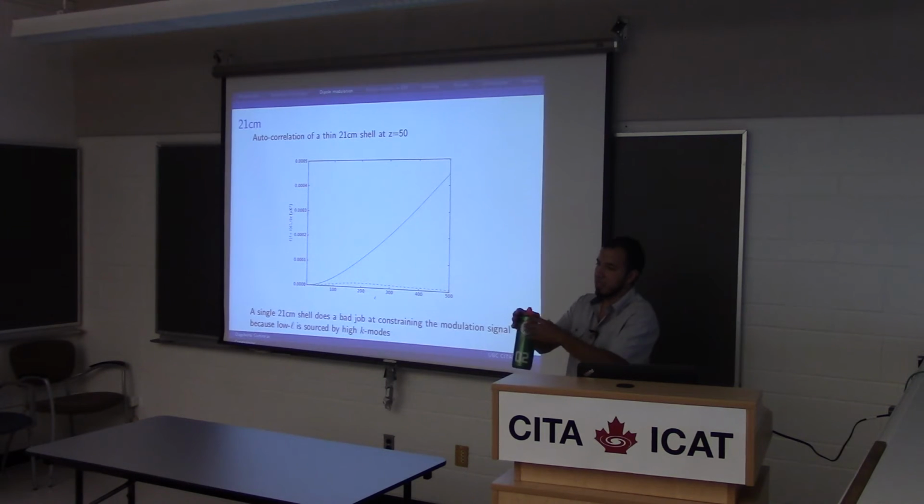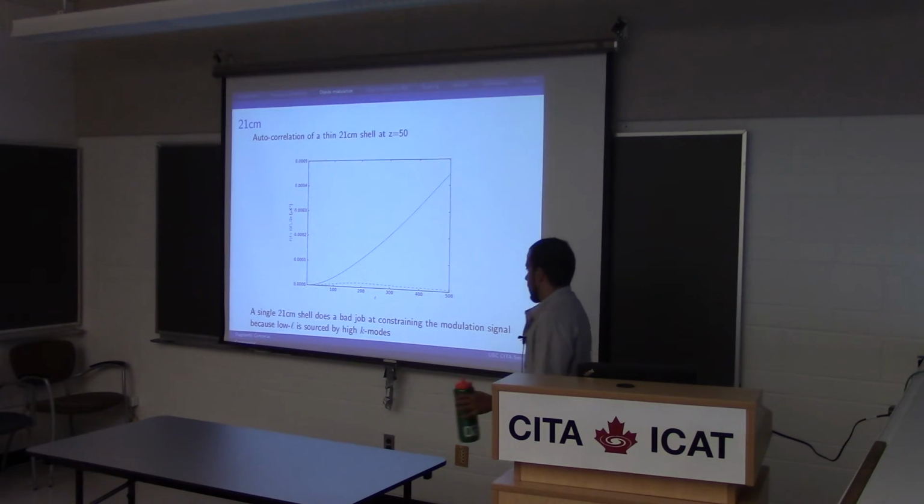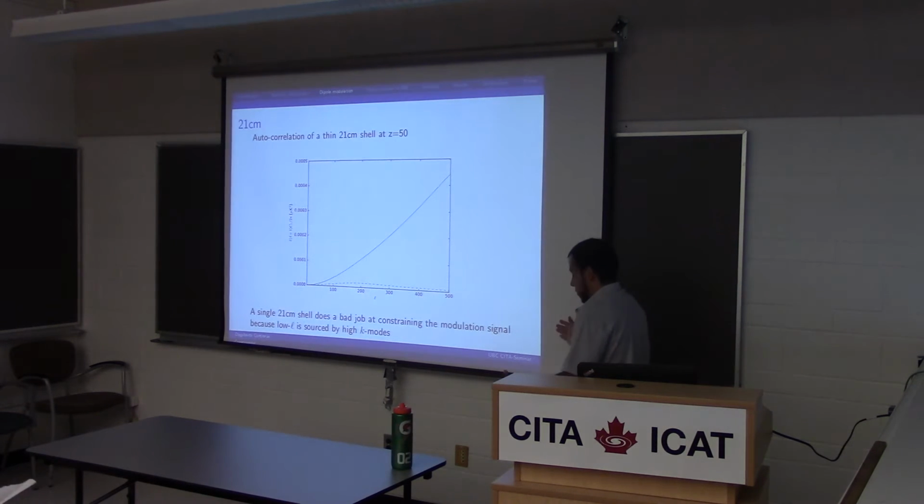That's because the matter power spectrum gets an extra K squared contribution due to the growth factor at that time. So you can't do much.